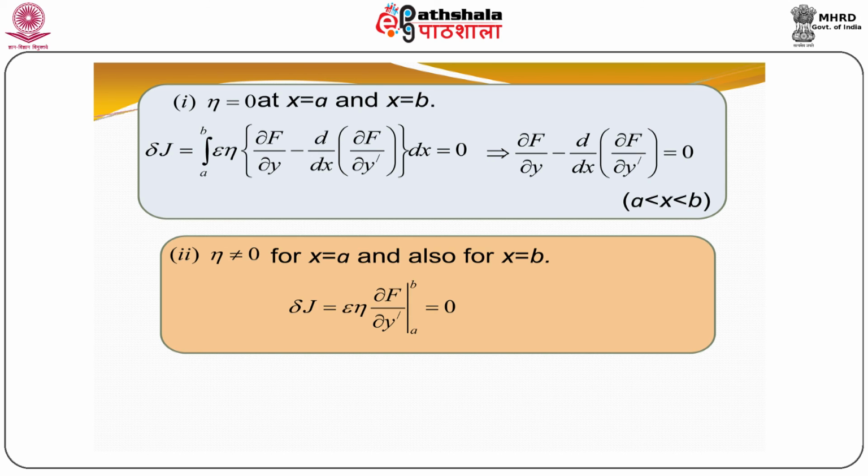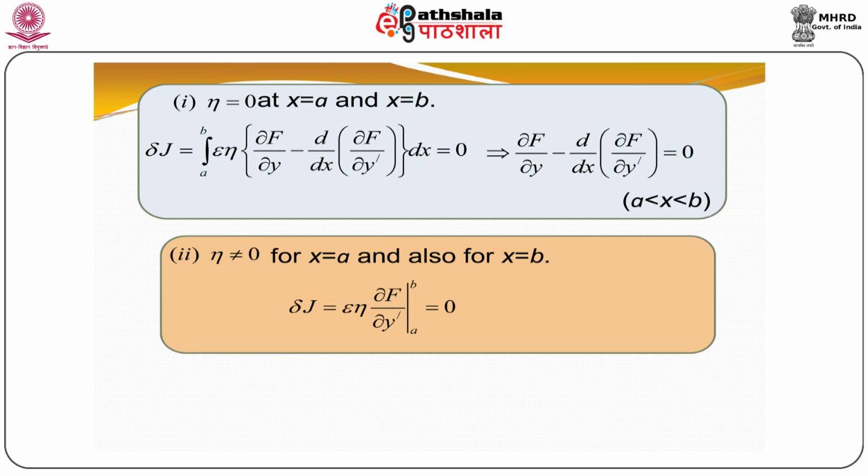Consider the first figure. In this case, eta equal to 0 at x equal to a and at x equal to b, since both curves meet at these 2 points. This gives the variation of J, delta J, equal to the integration from a to b of epsilon eta times del F by del small y minus d dx of the first order partial derivative of capital F taken with respect to y dash, dx, equal to 0.